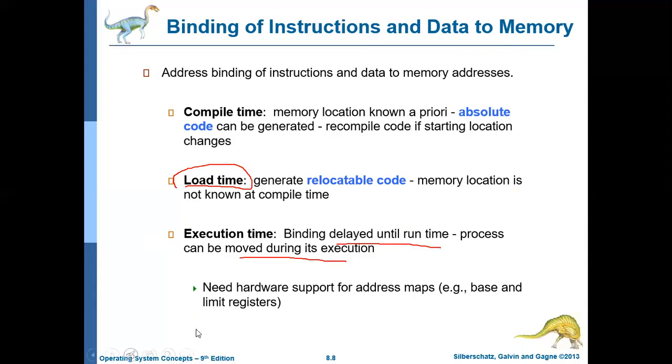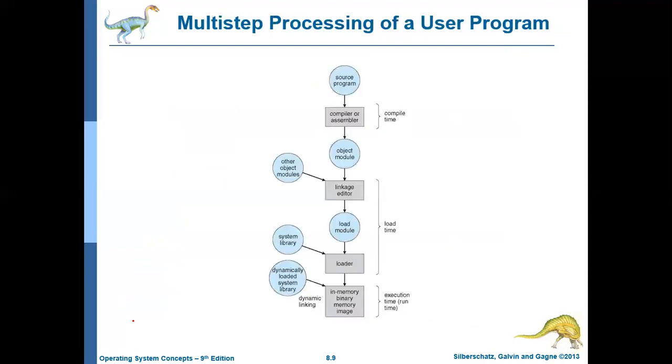Okay, fine. So this particular diagram shows a brief overview of the process execution. Here is the source program, then it is compiled or assembled. After compiling, it is converted to object code.